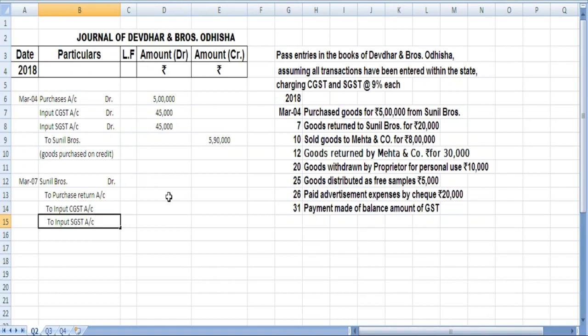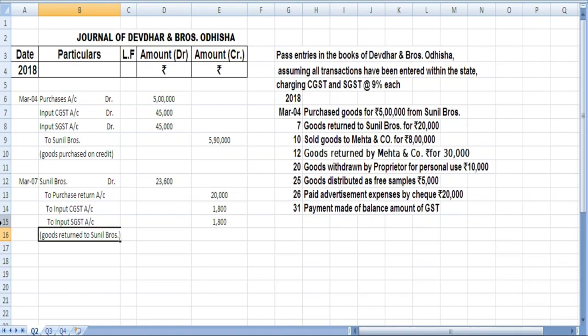Okay, so here the purchase return is 20,000, 9% of 20,000 is 1,800, and same for SGST, 9% of 20,000 is 1,800. The total is coming to 23,600. Okay, we'll write a short narration: goods returned to Sunil Brothers.